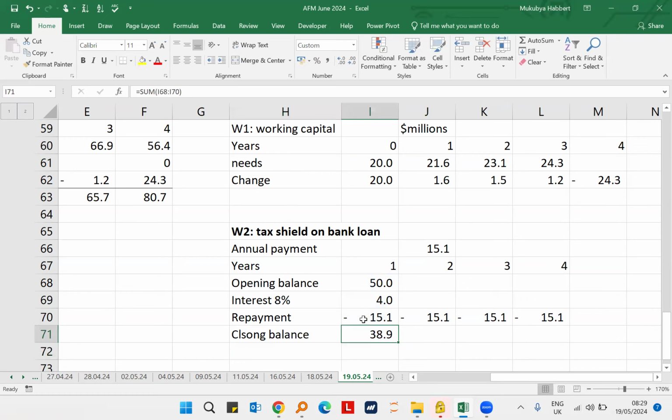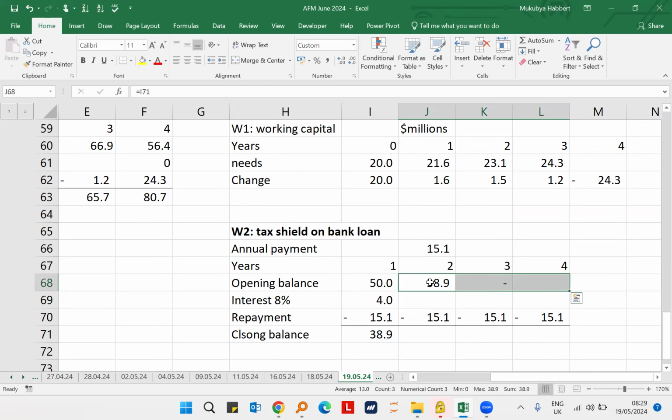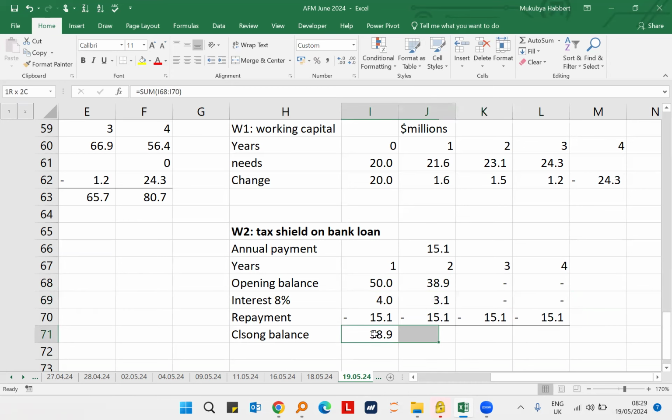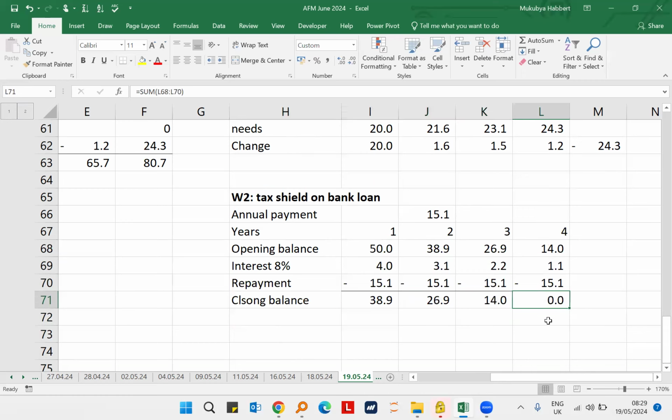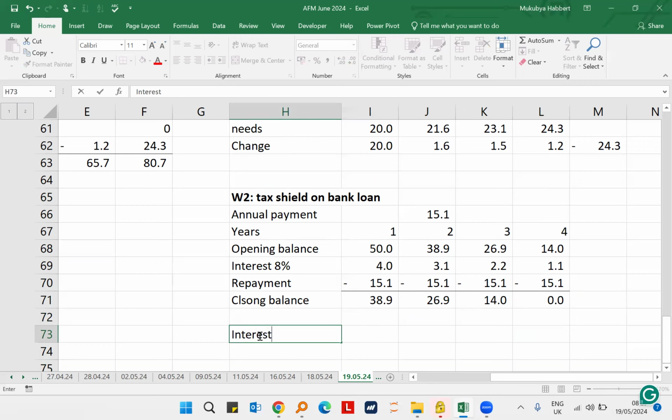Okay, so then this becomes the opening balance for the next year. So you can drag this, and drag this, and drag this. You can see that at the end of the 4 years, you have paid back the entire 50 million. Now, the interest cost is these ones, so we can bring them here so that we can get the tax shield.